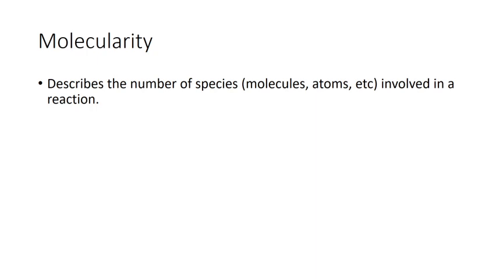So before we get into what that all means for calculating and how it affects our rate laws, we're going to talk about molecularity. This describes the number of species involved in a reaction. You can have unimolecular, so that would be a single molecule, something like this.